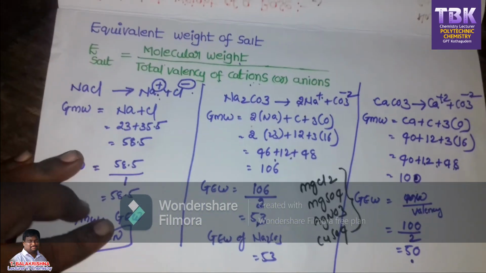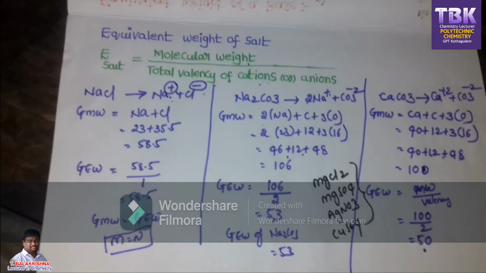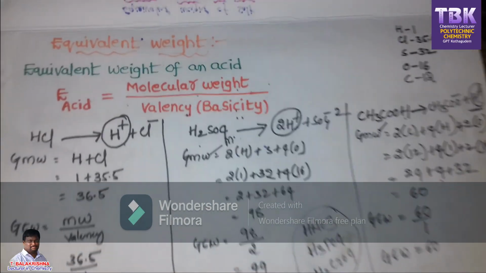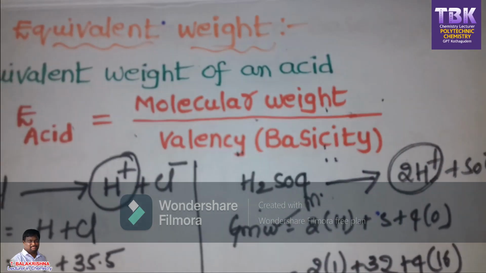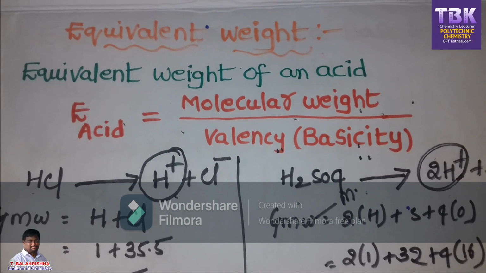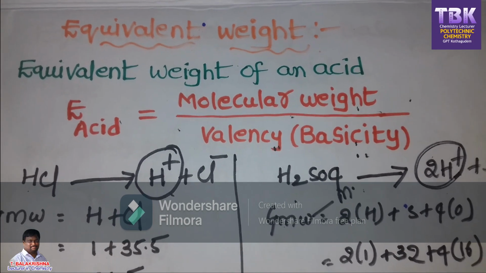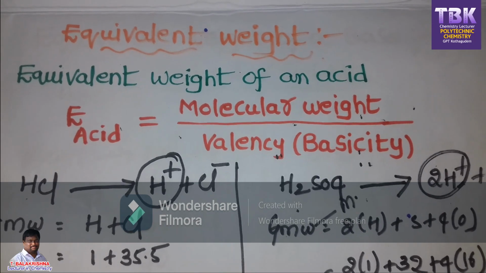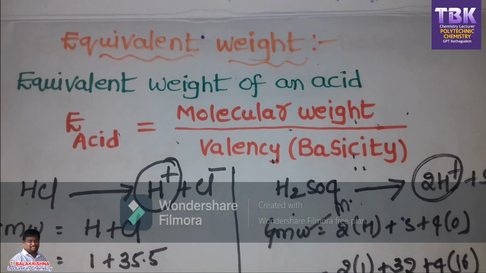If it is an acid, we should use one formula: molecular weight by basicity. If it is an acidic compound, acidic substance, to find the equivalent weight, the formula is molecular weight by basicity.